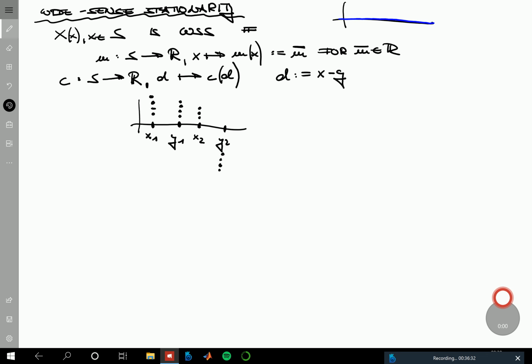And now, in this case, the distance between x1 and y1 and x2 and y2 is the same, so they also have the same covariation. Which also means that, in a way, the covariance doesn't change over space. It changes based on the distance.